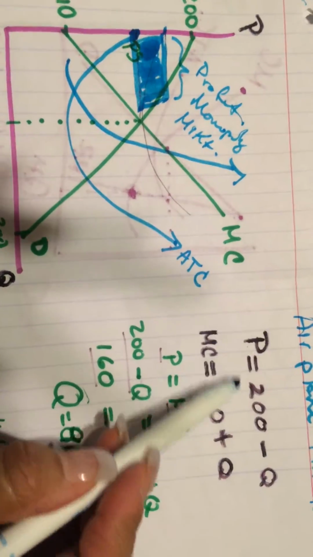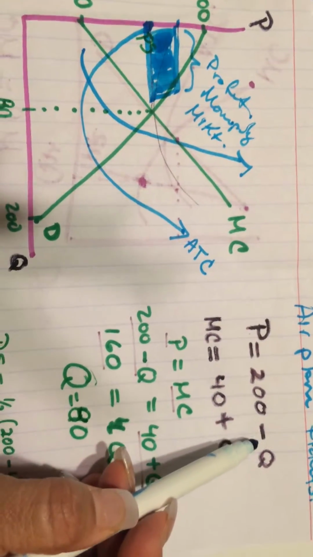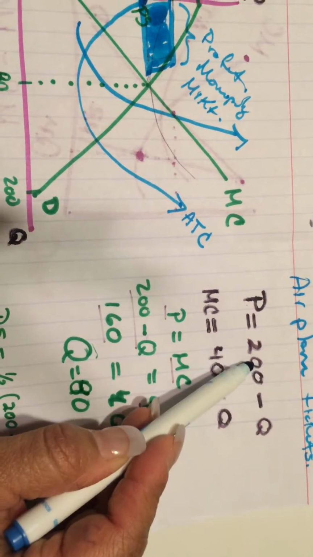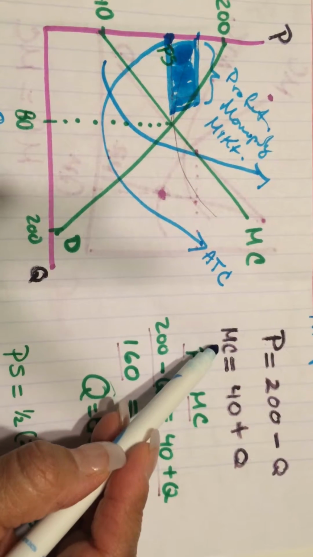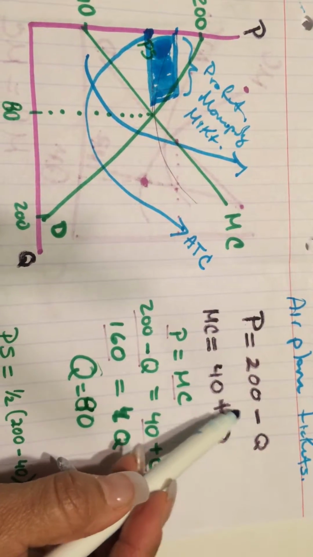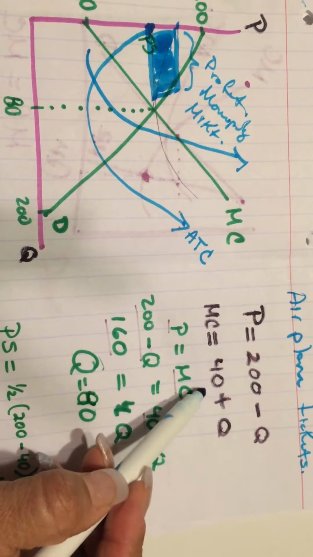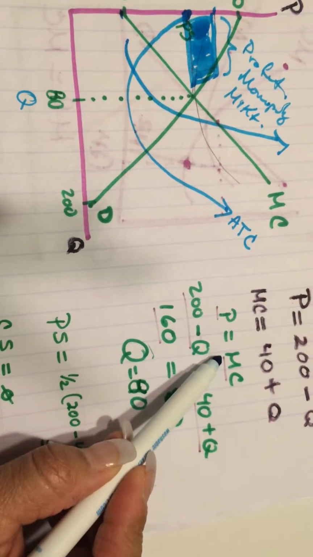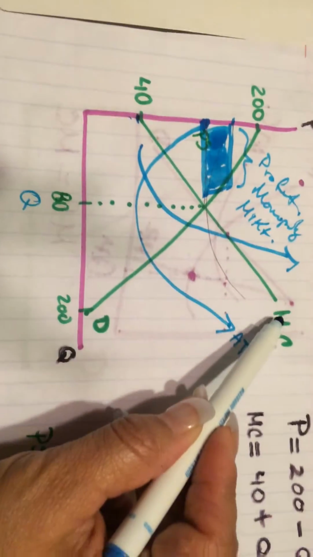Let's suppose that we have a price of 200, and how we are going to know the quantity is by subtracting quantity from the price. Then we have our marginal cost, and price equals marginal revenue.